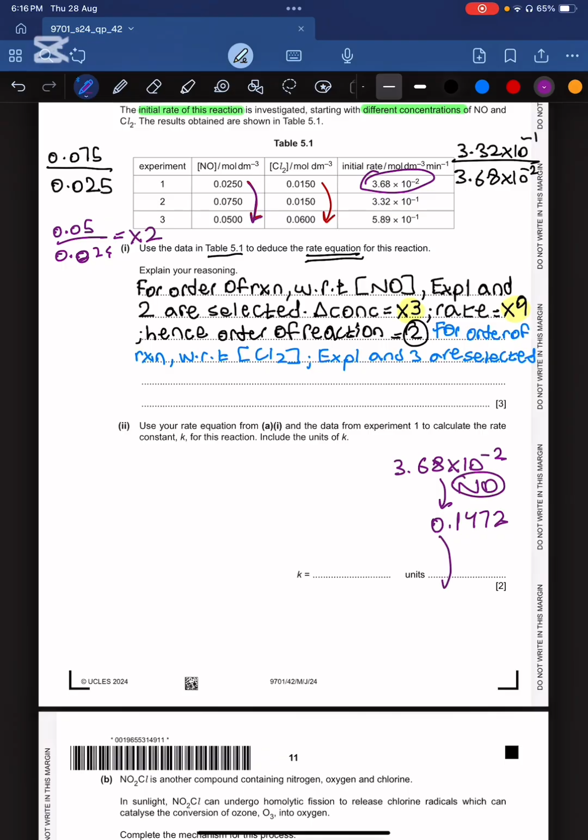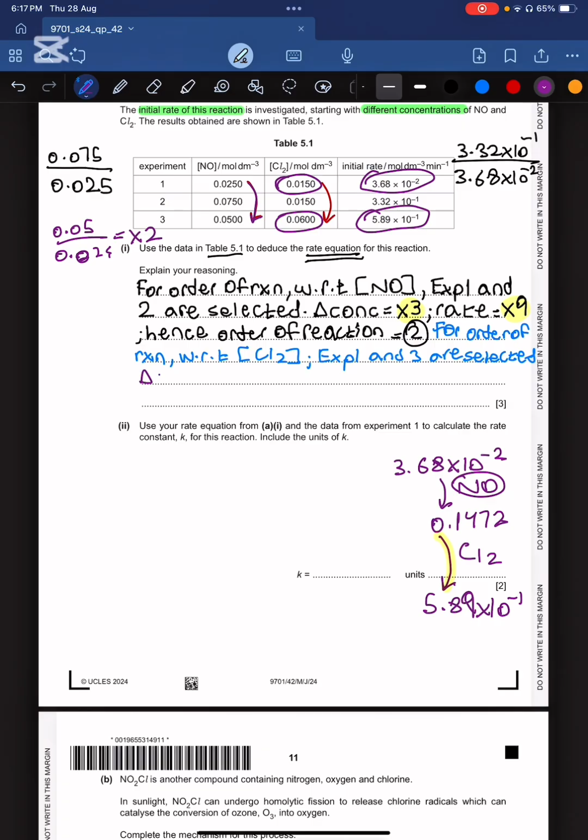But now we're still not completed with the journey. The journey is until 5.89 times 10 power minus 1. So who is responsible for this? Cl2 is responsible for this. Now we do 0.06 divided by 0.015. 0.06 divided by 0.015 would be 4 times.